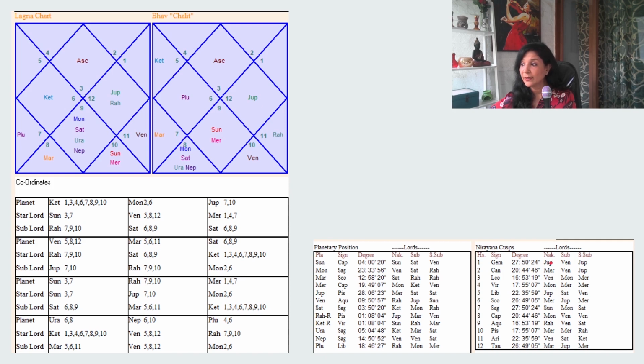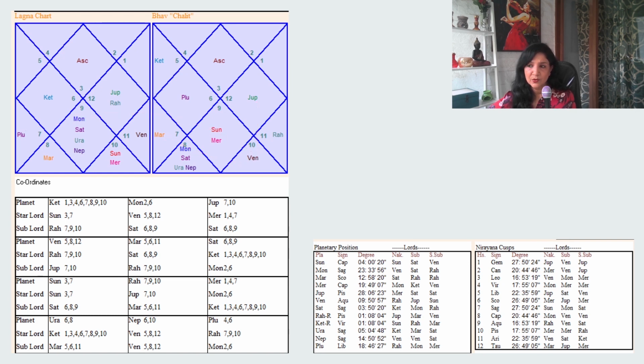Then only you will get the real picture. And then see planets conjunct in the Lagna chart, planet posited in the Bhav Chalit. Like in this case, we will see Mars, Venus, Rahu, Jupiter, because our main houses are these only. Mars is in 5th house, Venus is in 8th, Rahu, Jupiter. We have to consider these scripts also.